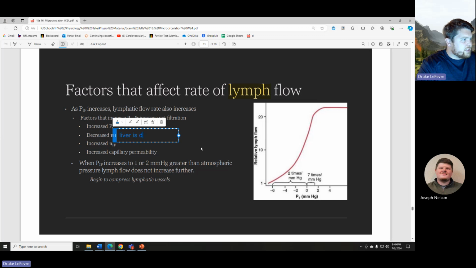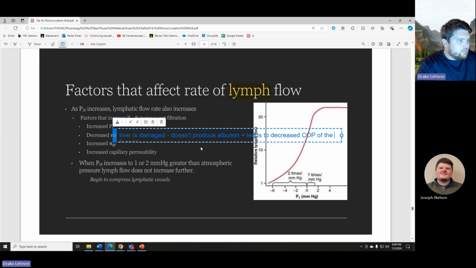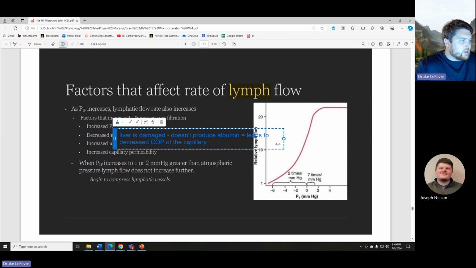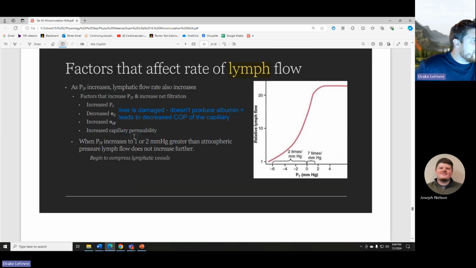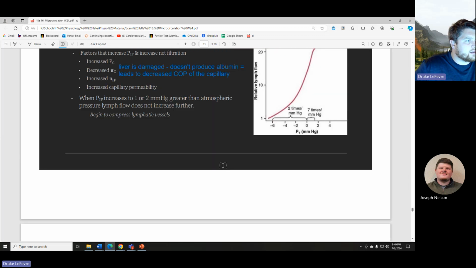So if the liver is damaged, it doesn't produce albumin, which leads to decreased colloid osmotic pressure of the capillary. Conditions like liver cirrhosis, liver damage, liver failure would decrease that pressure. Anything that would mess with those pressures is going to affect how much lymph there is.